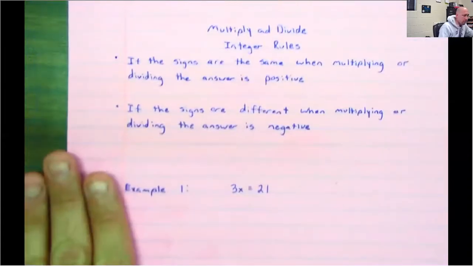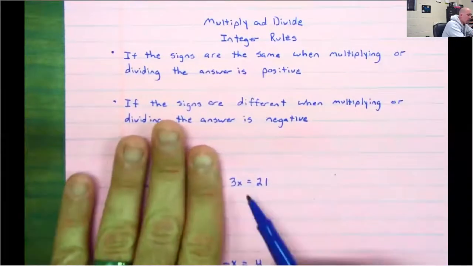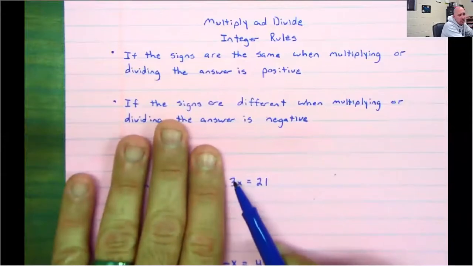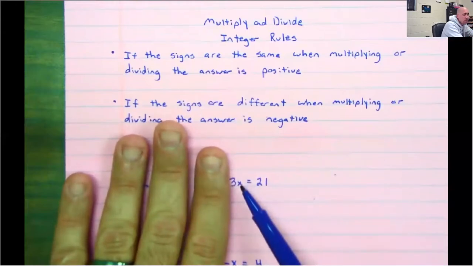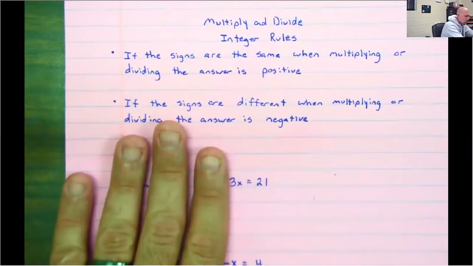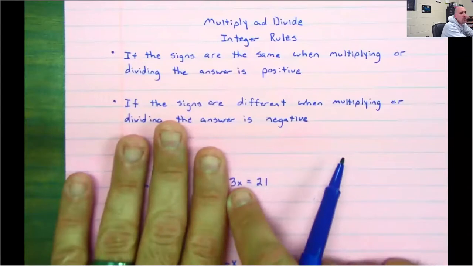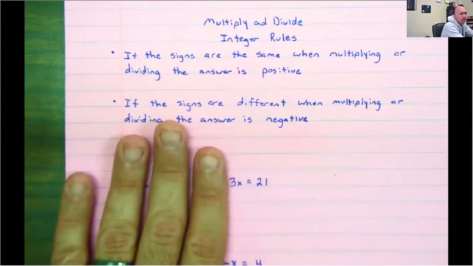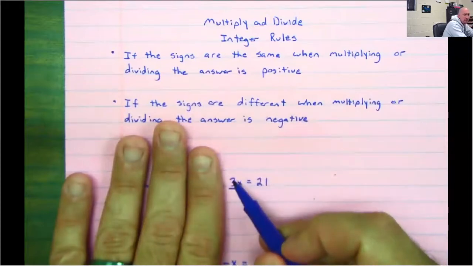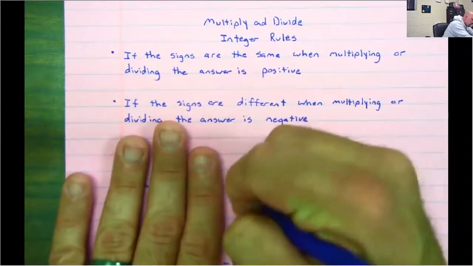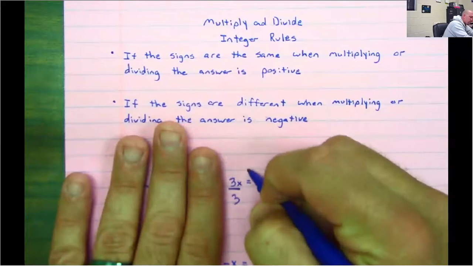So let's look at our first example. We have the 3 and the x. Guys, do you see how this number is attached to the letter? That means they are multiplying. So 3 times x, which is some unknown number, has to give me 21. Well, the 3 and the x are multiplying. What's the inverse of multiplying? To divide. Divide by the number in front of the x, which is the 3.